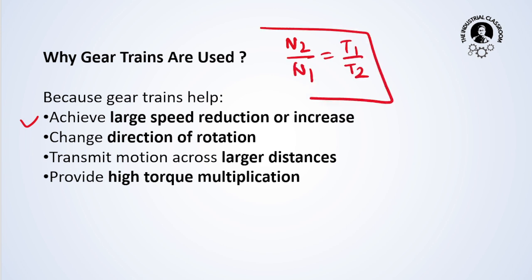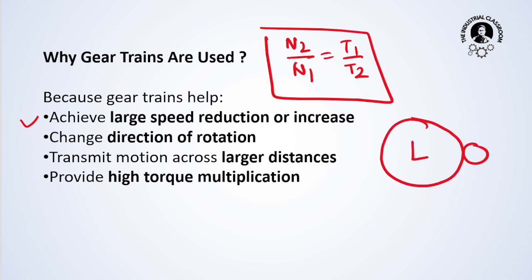This is the formula. So with a single gear, your speed reduction gets limited. You have to make this a very large one. For example, if you want 200 RPM here and you need 3000 RPM there, you imagine that this must be extremely small and this must be extremely large.